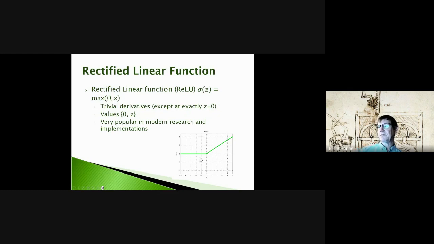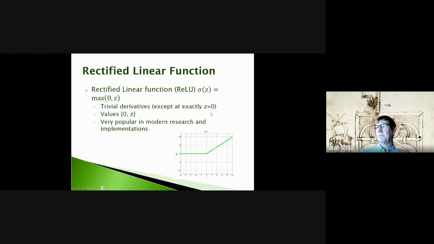Trivial derivatives: the derivative here is 0, the derivative here is 1, right? The derivative is a slope. And so it's super easy to calculate, very efficient calculations here. Yeah, the derivative is technically undefined at 0. This is not a continuous, smooth function.